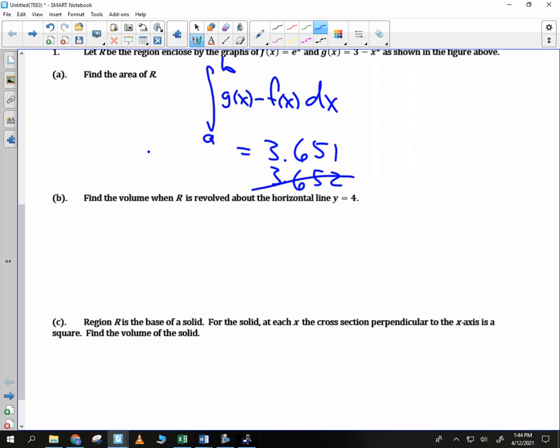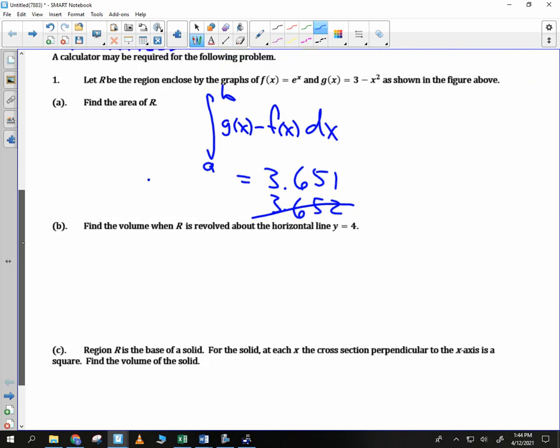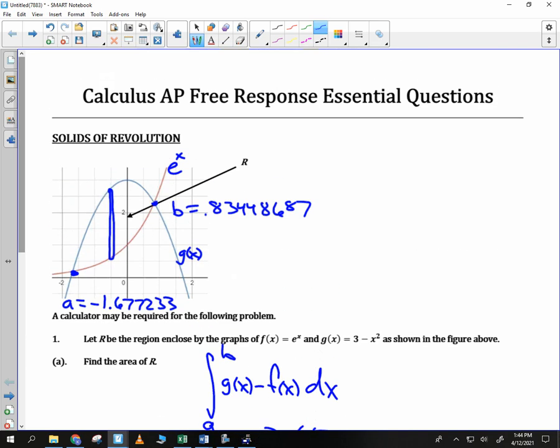Now it says, find the volume when R is revolved about the horizontal line, Y is equal to 4. Oh my goodness. So we're going to take this shape right here, and we're going to revolve it around the line Y equals 4. So if we're going to take Blake's idea of this rectangle there, and we're going to revolve it up like this.